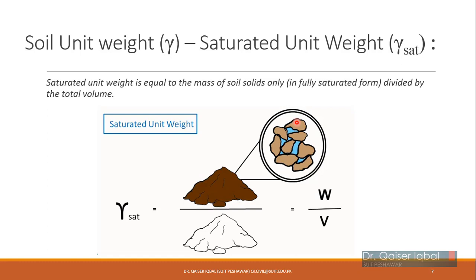Now commonly when you take soil in areas where the water table is high, like Warsak Road, Shami Road area in Peshawar, you see its voids are usually filled with water. It is fully soaked soil, so that soil is saturated.